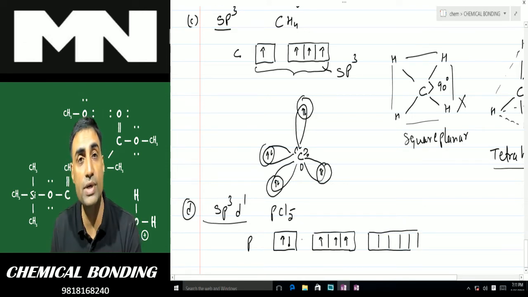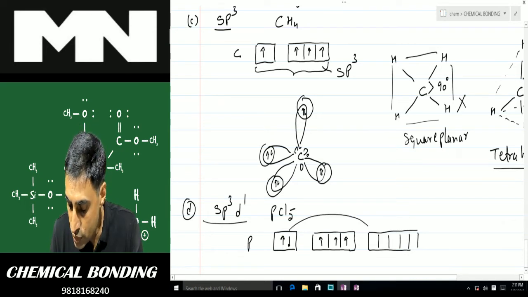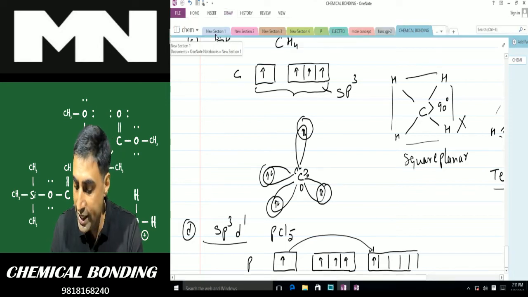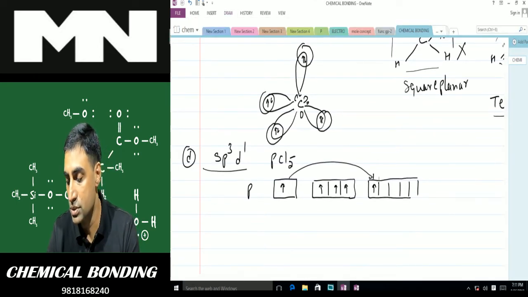So what will happen? One of the S electrons will jump to D. It will not go to P because P is already half-filled and stable. So one of the S electrons will jump to D, leading to the formation of 5 unpaired electrons.